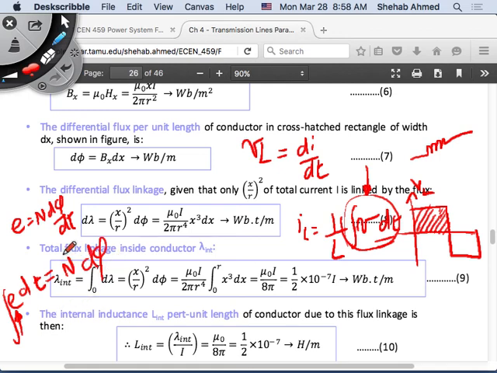So the number of turns multiplied by the flux is equal to the flux linkage. The integration of voltage is the flux linkage, because it's the number of turns that are linked by the flux. That is called flux linkage.